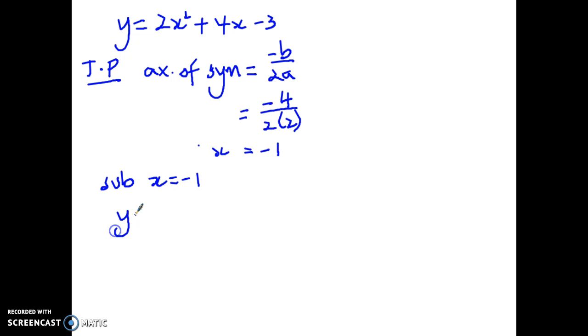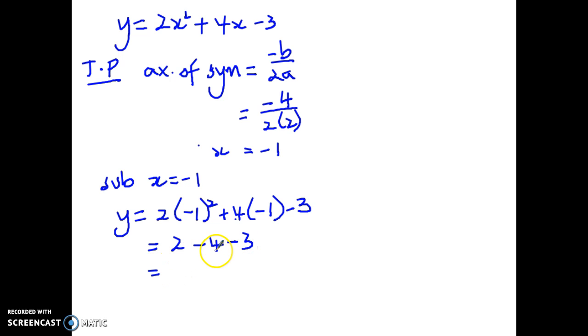And we substitute that back into our equation for y. So 2x squared plus 4x minus 3. Minus 1 squared is 1 times 2. I've got 2. 4 times minus 1 is minus 4 minus 3. 2 take 4 is minus 2. Take away another 3 is minus 5. So my turning point is minus 1, minus 5.